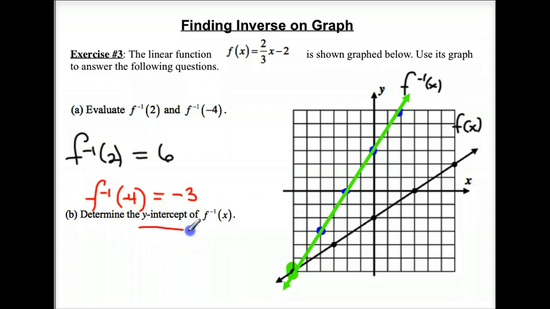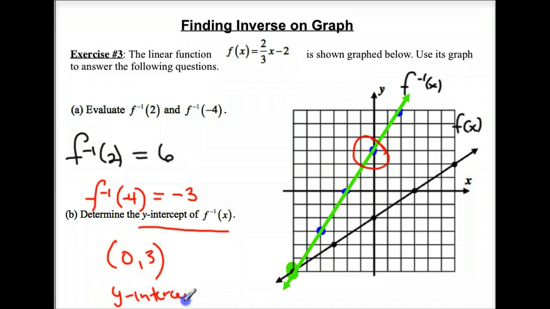Determine the x-intercept. So the x-intercept is right here, where the graph intersects the x-axis. Determine the y-intercept. So the y-intercept is right here where the graph intersects the y-axis. In this case, it is at 0, 3. Or you can say the y-intercept is at 3.